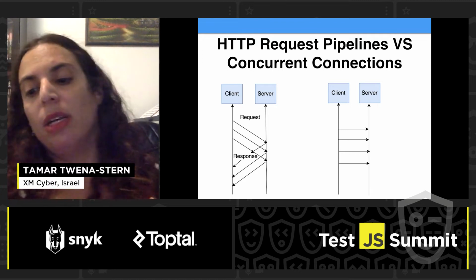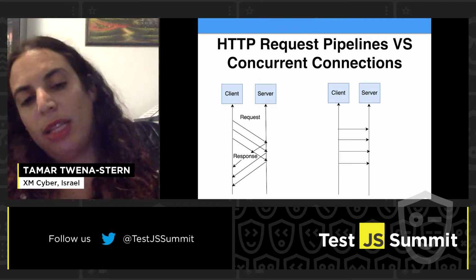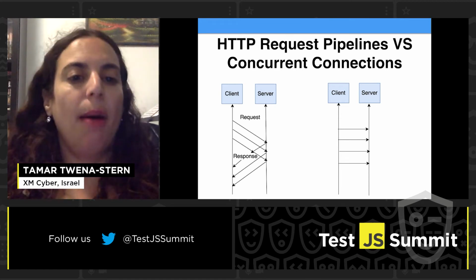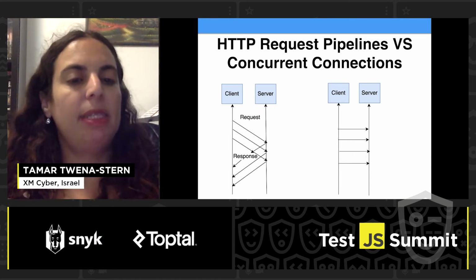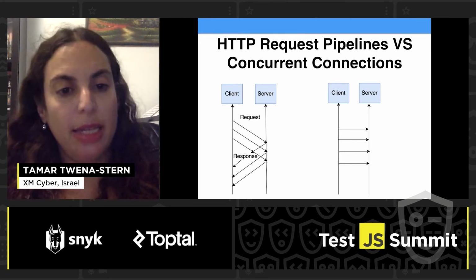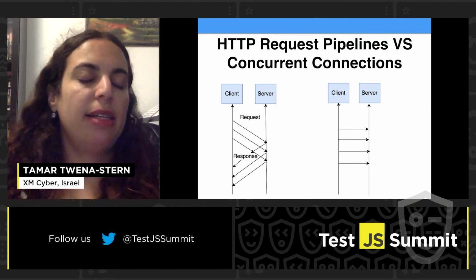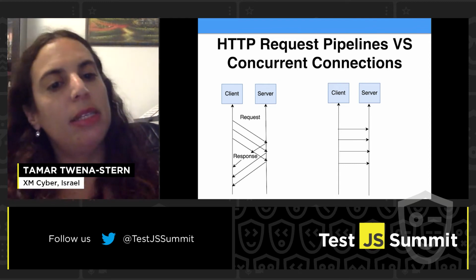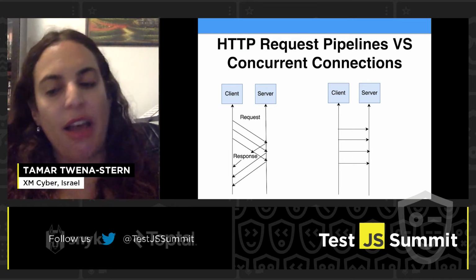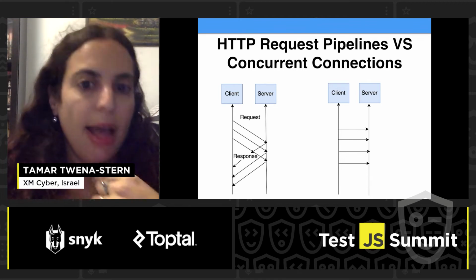HTTP pipelining means that, as in the diagram on the left side of this screen, I'm sending 3 requests, and I don't have to wait for the first one to return and then send the second one, but I'm sending them simultaneously, without waiting for the response.